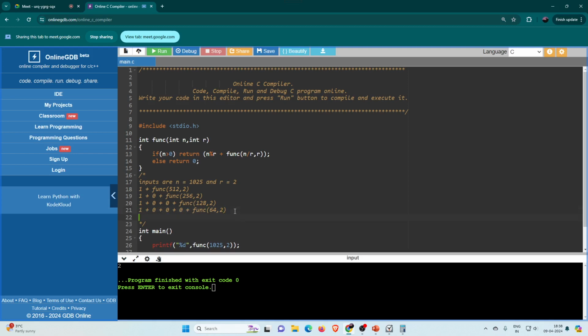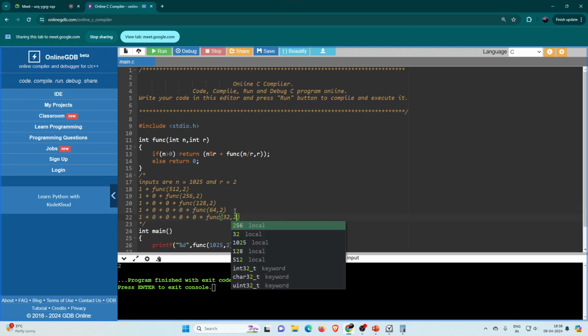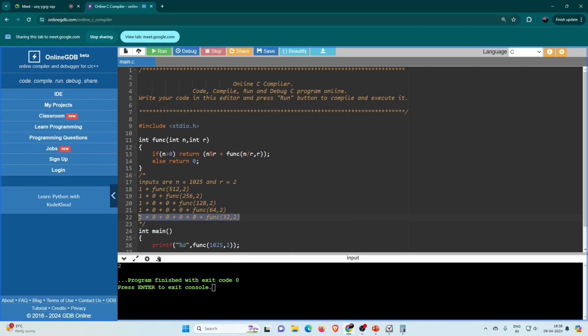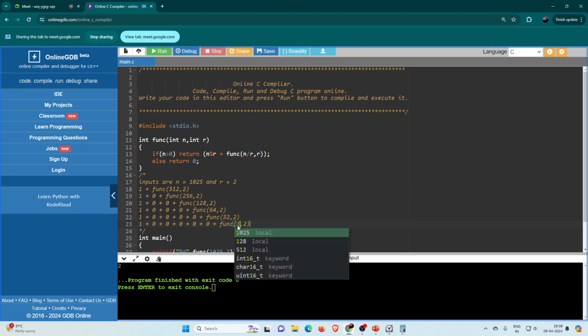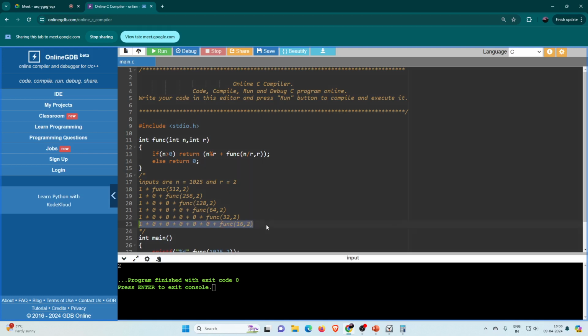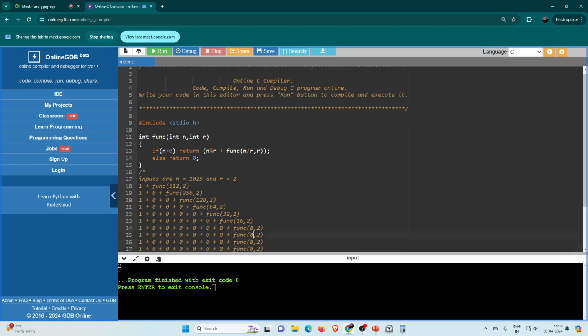Copy this. (32, 2), (16), 8, 4, 2 and 1.